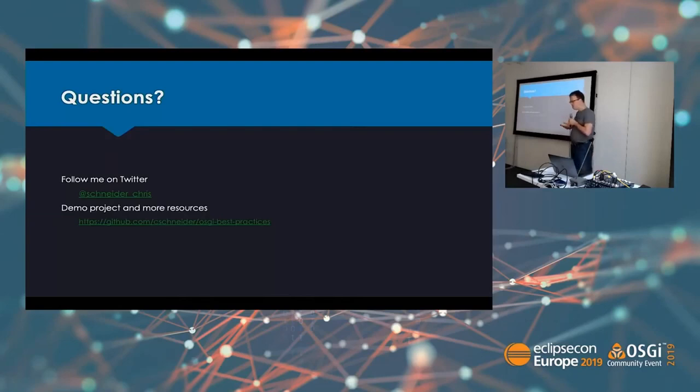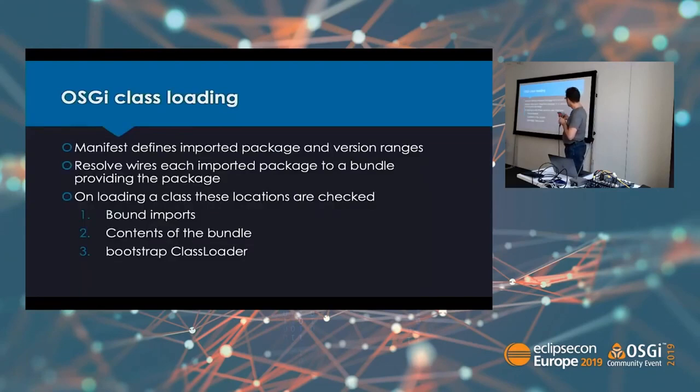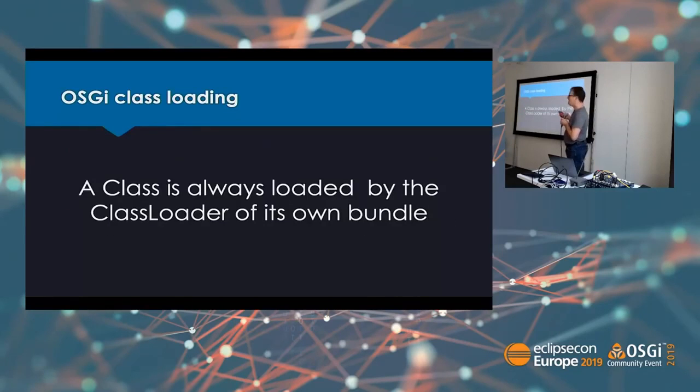So this is the main part, and as I'm quite good in time, I cannot present more. If you look at the slides later, I also have some backup around OSGi class loading. Maybe one simple thing: class loading in OSGi looks very complicated, but in effect, a class is always loaded by the class loader of the bundle where it resides.